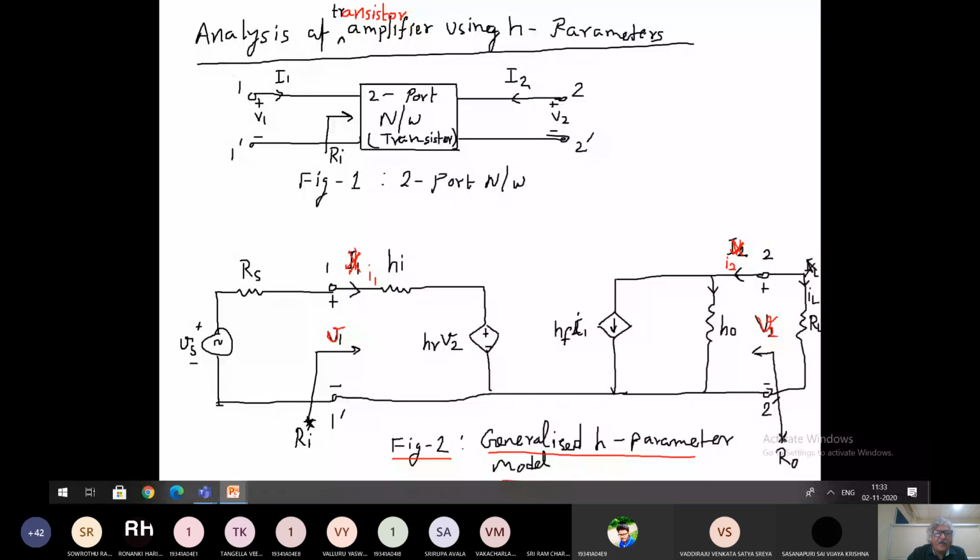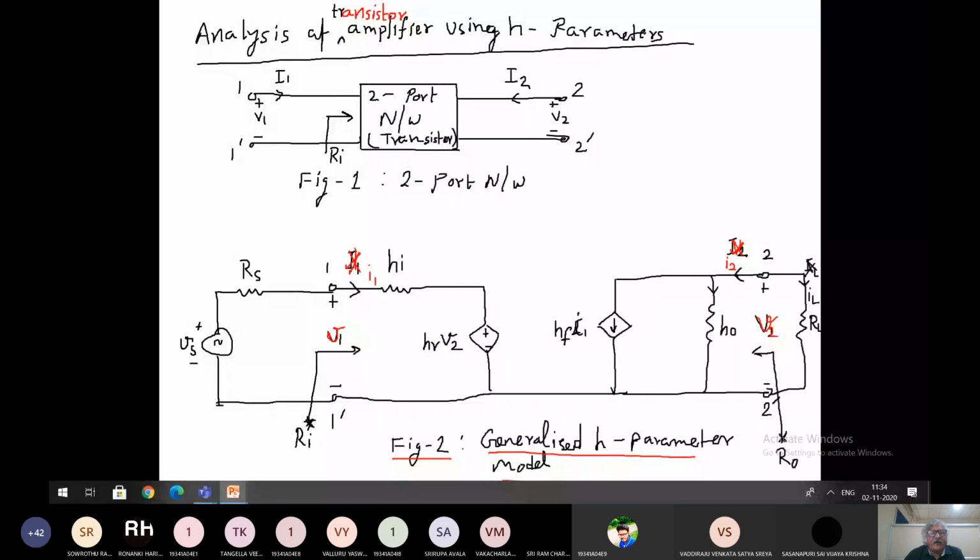If you have this resistance, then some of the applied voltage will drop across this RS, so less voltage enters the transistor and your voltage gain will be affected. So ideally we should manufacture the voltage source with RS equal to 0, but that is not possible.